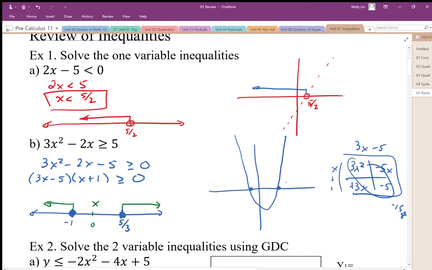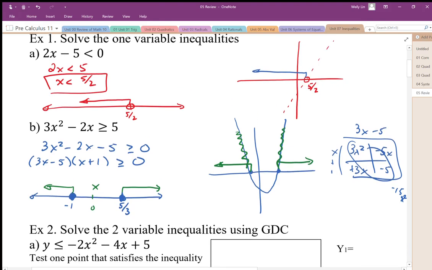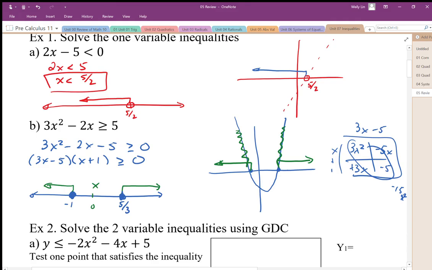I'm looking for the area of this graph bigger than 0, which is above the x-axis. Again, that confirms we have the right area for our solution region along the number line. It being one variable, we have to show that the solution is along the number line.